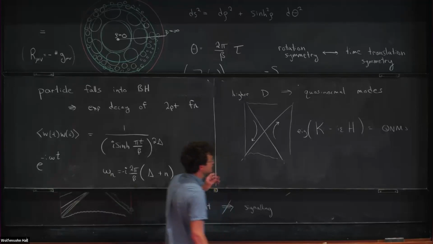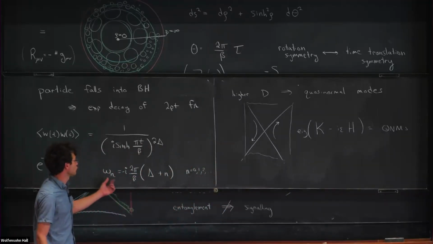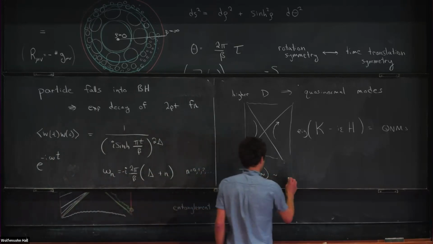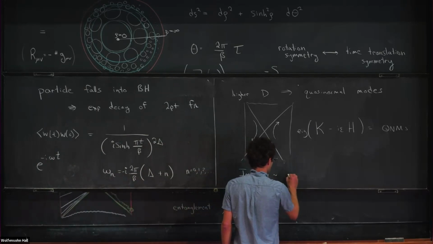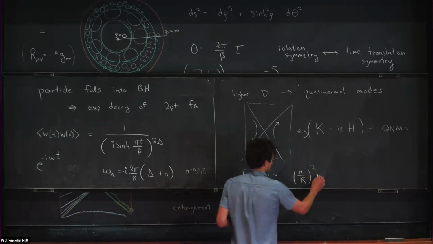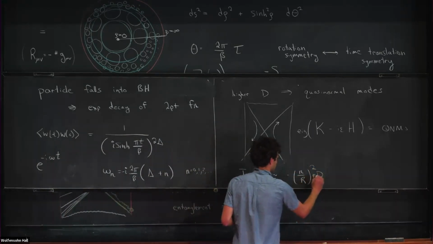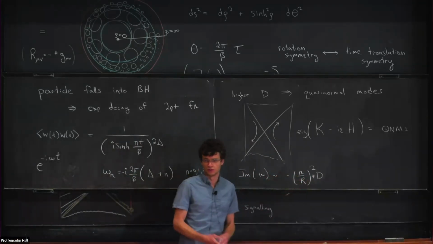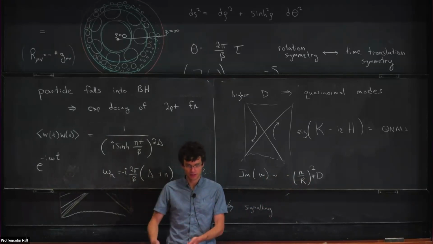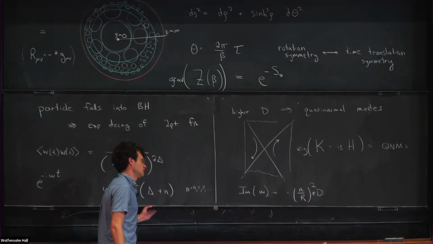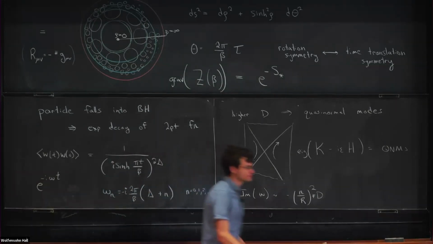Basically, associated to conserved quantities, there's a special set of quasi-normal modes such that the imaginary part of these quasi-normal modes is like minus some number divided by the size of the system squared times something. And these coefficients are related to transport. So you can understand properties of transport in the dual many-body quantum system by studying the spectrum of these quasi-normal modes. And that's been a very interesting research avenue in holography.